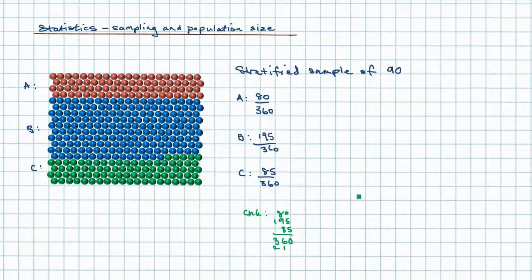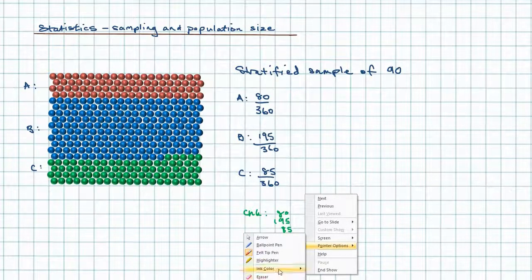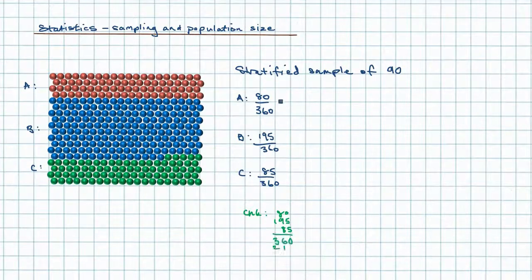What we now need to do is use these fractions to multiply by the sample size that we want. So we want 80 360ths, or 8 36ths if you like, of 90. So times 90 for each of these fractions.